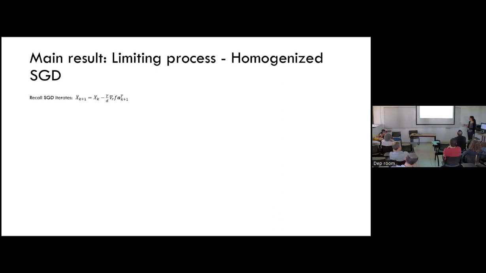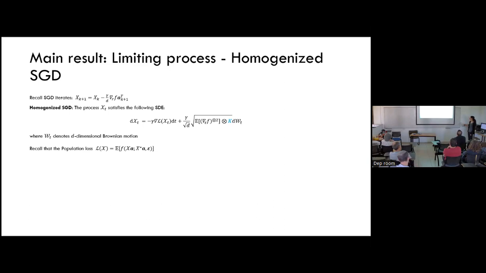So the process that we find is the following, where the first part is really what you would have if you were not in high dimension, essentially, if you were thinking about the gradient flow.